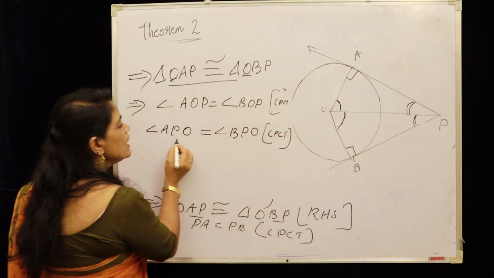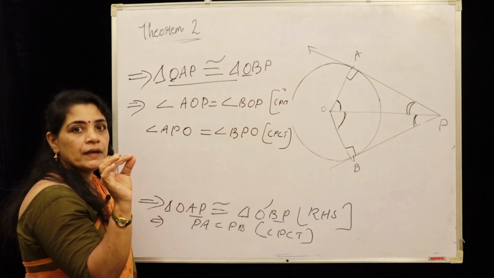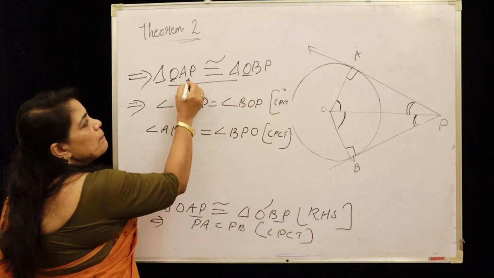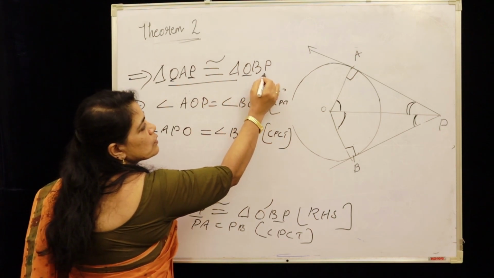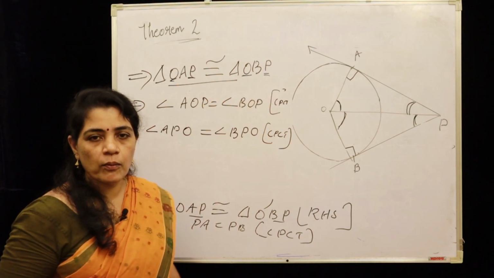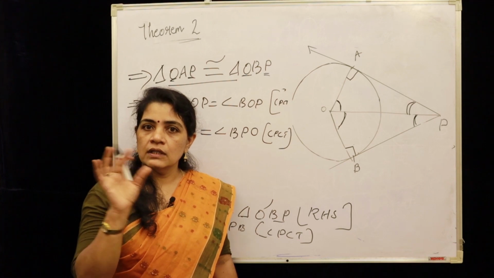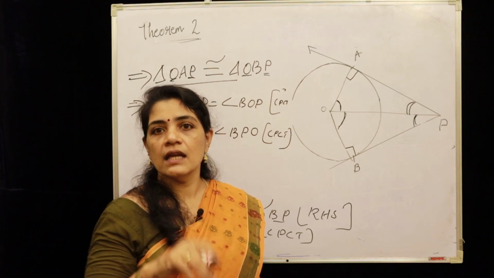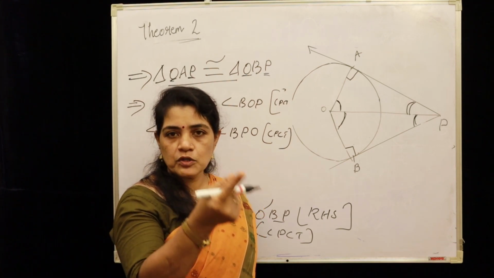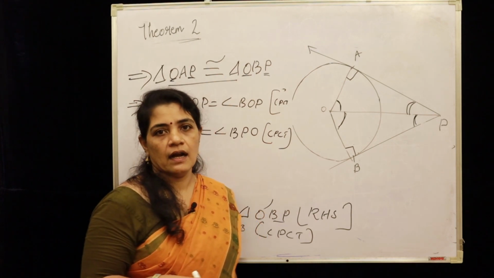I will show you, children. This required angle is P on both the triangles. P is in the third position here, also third position in the symbolic form. That means the corresponding angles are equal. Here angle P corresponds to angle P of the second triangle.